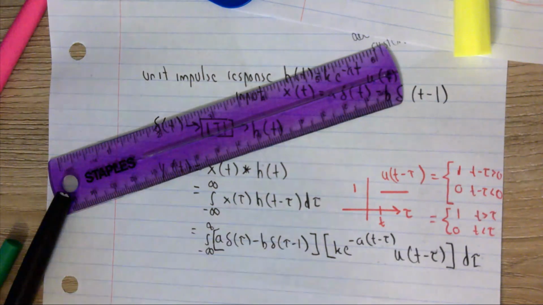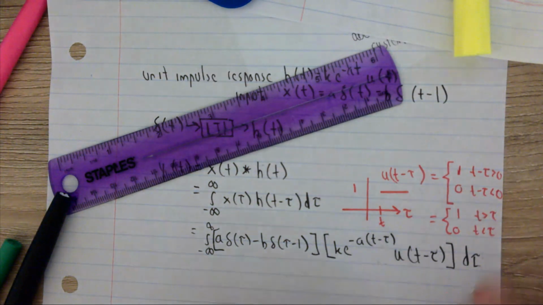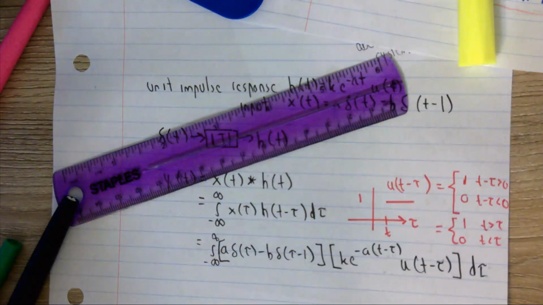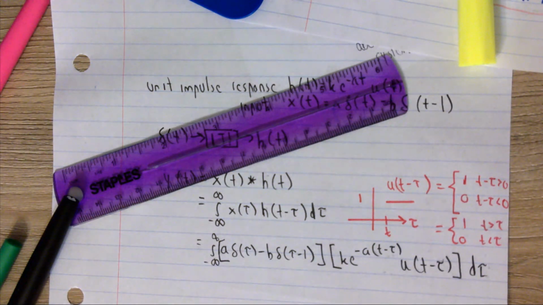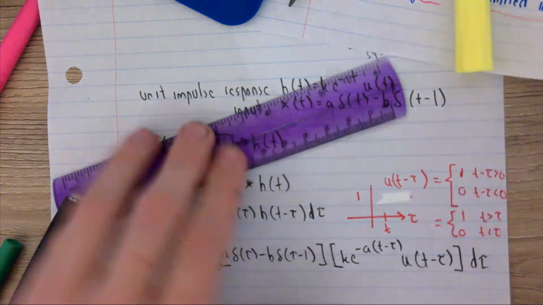Yes, I am correct on this aspect. When tau is greater than t, it is going to be 0 here.